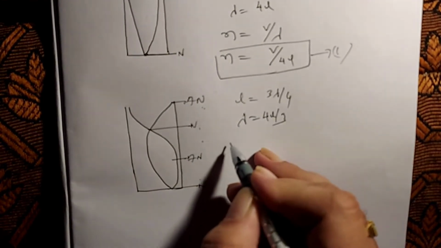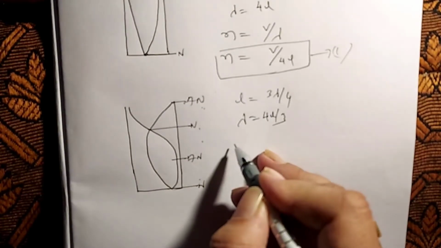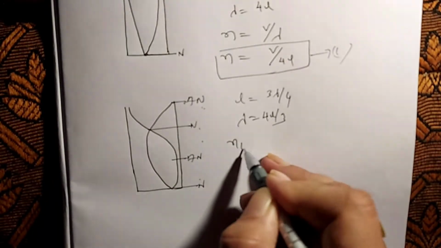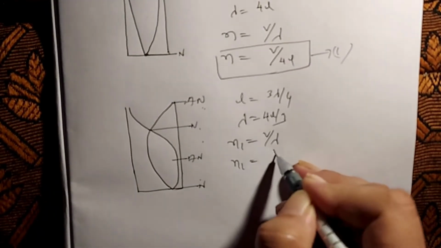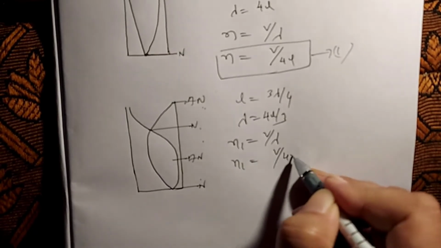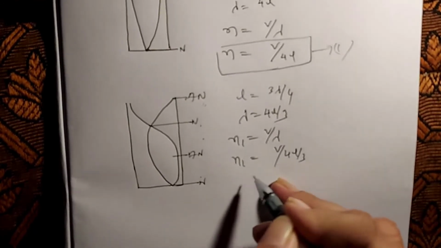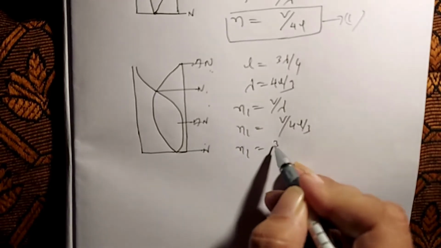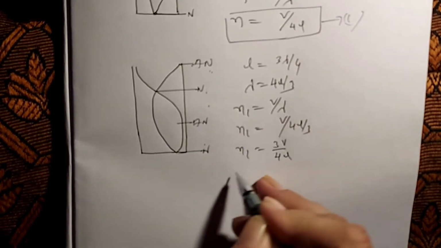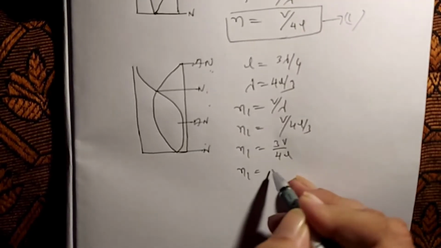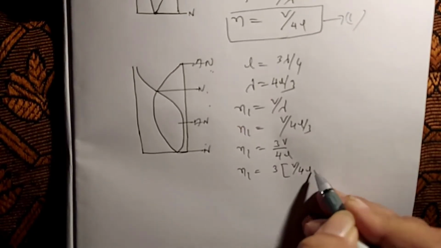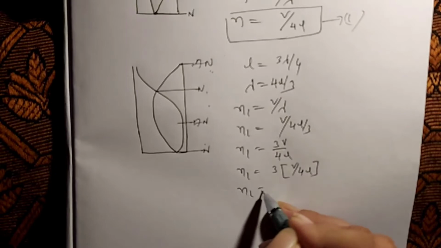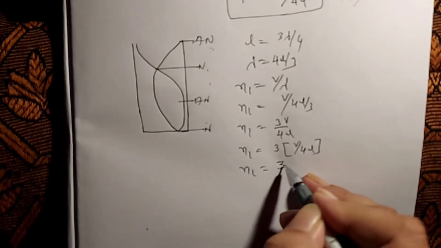Now the air column vibrates with frequency N1 is equal to V by lambda, which is V by 4L by 3. So N1 is equal to 3V by 4L, which is 3 into V by 4L. So N1 is equal to 3N.